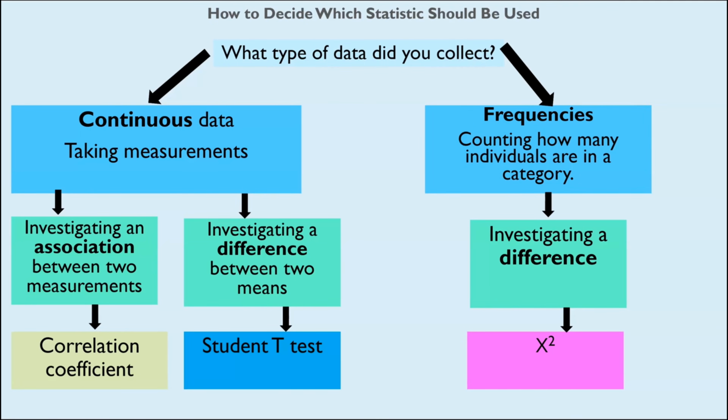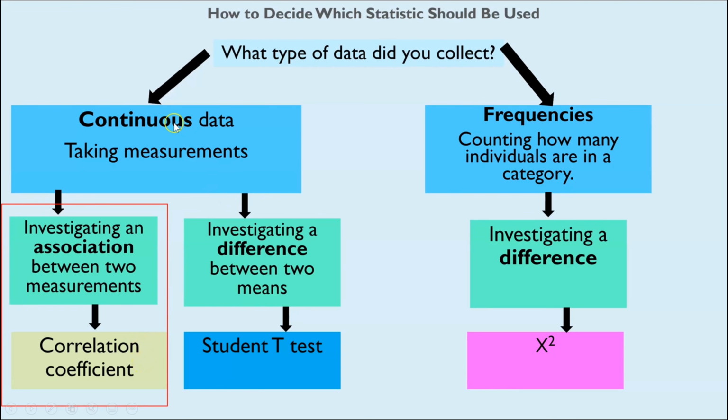But first, let's have a look at how you decide which statistic should be used. And this flow diagram just takes you through how you know which of the 3 statistics you would be using. And in this video, as I said, we're just going through the correlation coefficient.